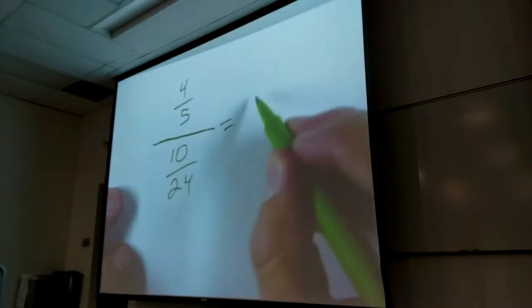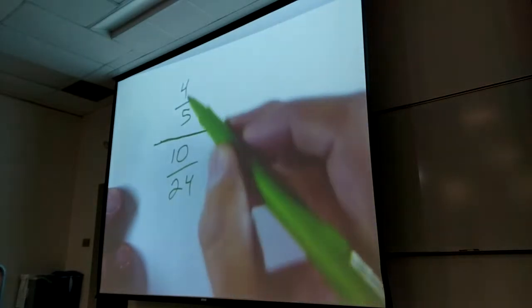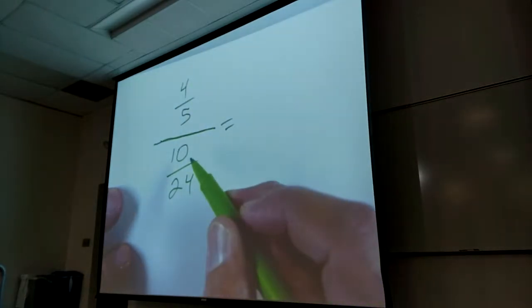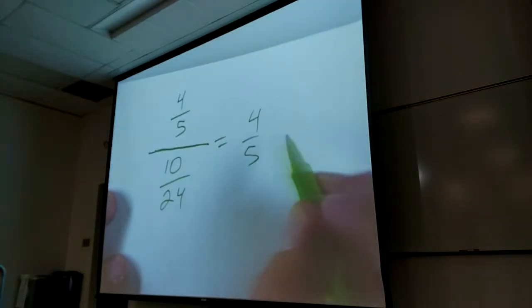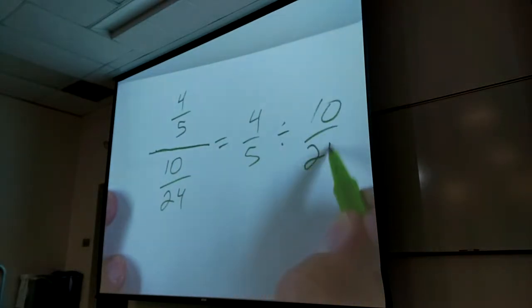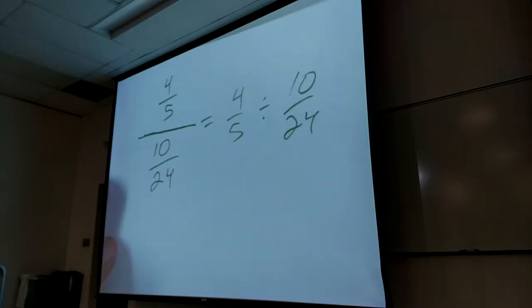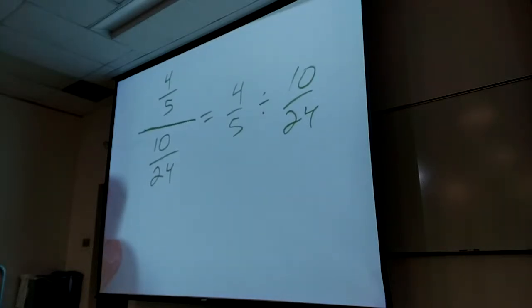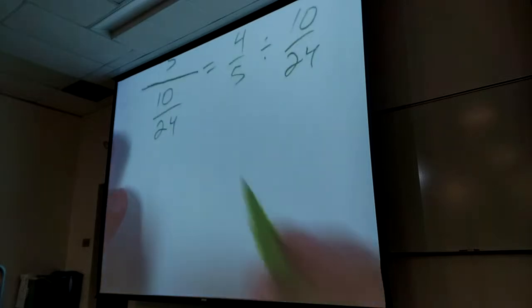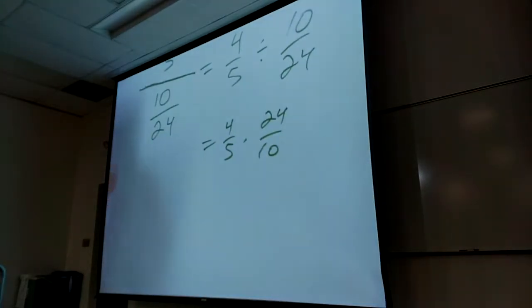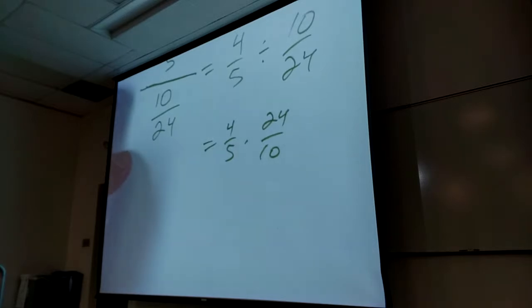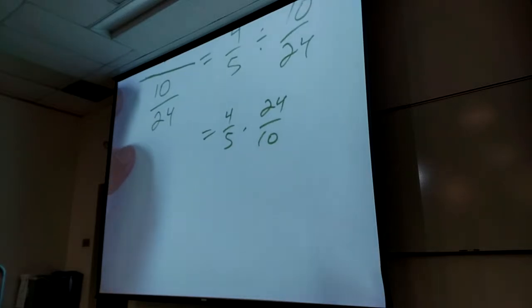Yeah, because the way you can rewrite this, if you read this, it says 4/5 divided by 10/24, right? That's what it says. So I write it like that, 4/5 divided by 10/24. And of course, when you divide fractions, you multiply by the reciprocal. And then you just reduce what you can.